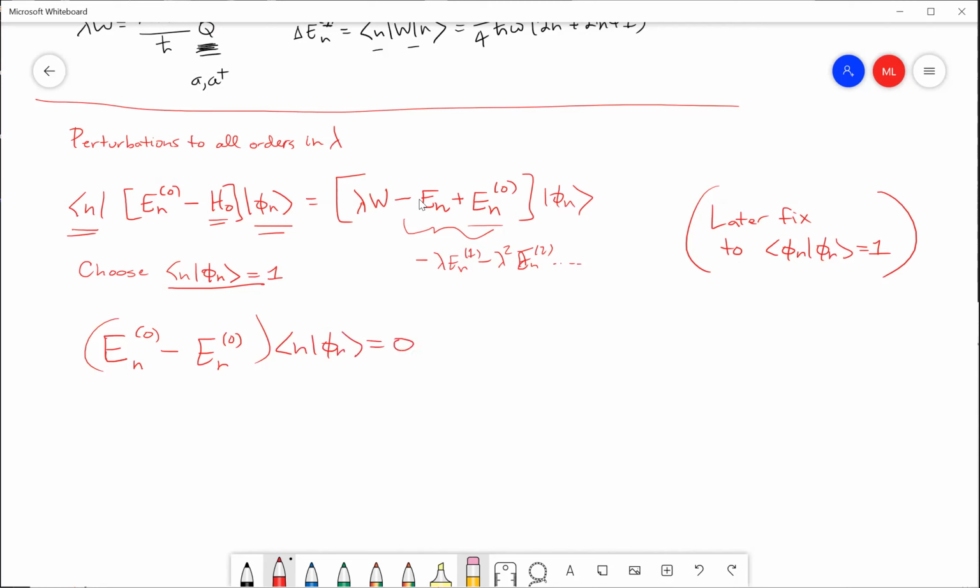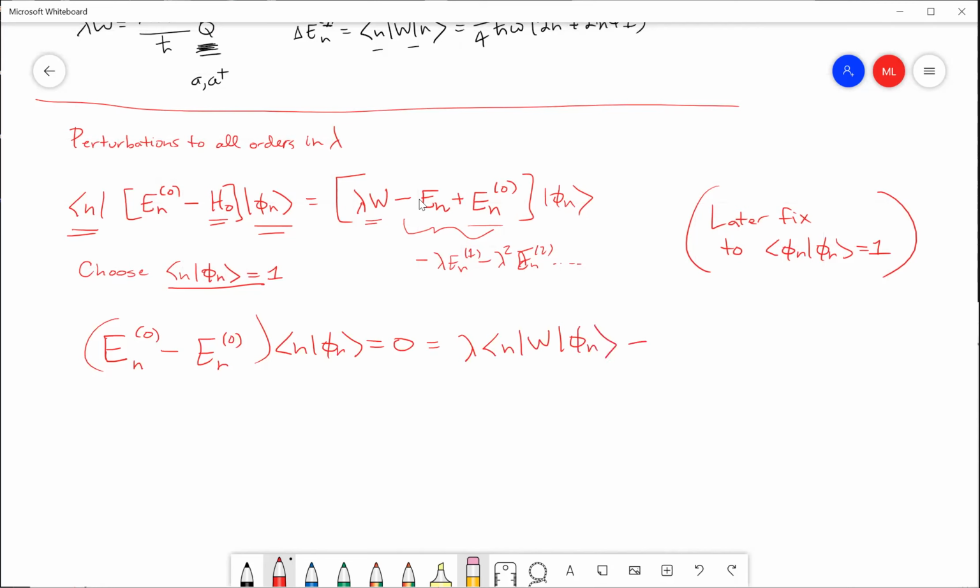And on the right-hand side, I have to be a little bit careful. What will I get? So if this whole thing is equal to 0, then I will get a lambda and then ⟨n|W|phi n⟩, which I'll leave alone for now.